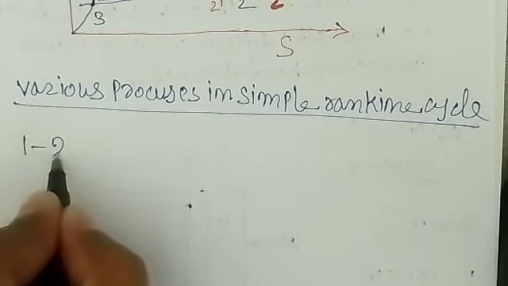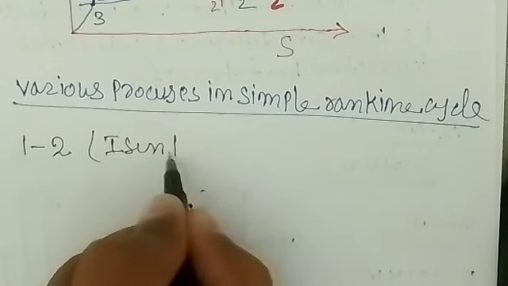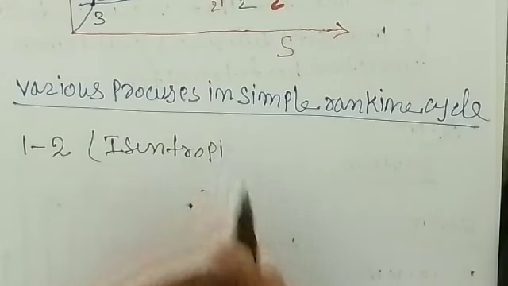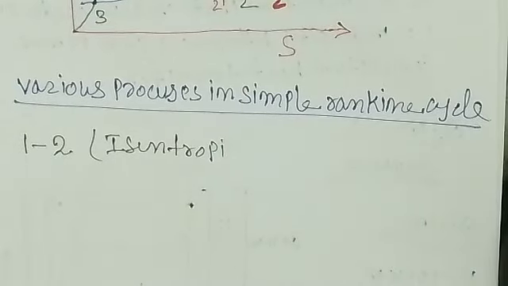So 1 to 2 is isentropic, meaning reversible adiabatic expansion, right? These are the ideal conditions I am taking. If I say irreversible adiabatic expansion, that is the actual one.